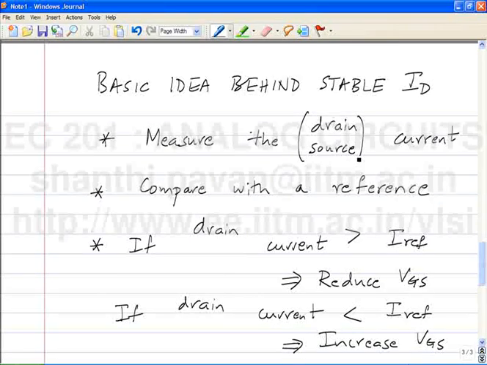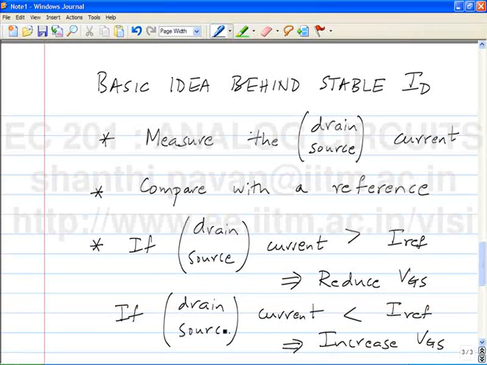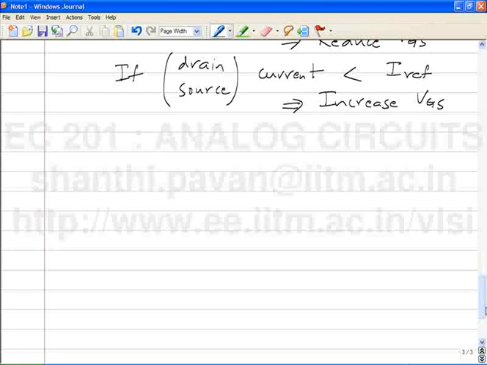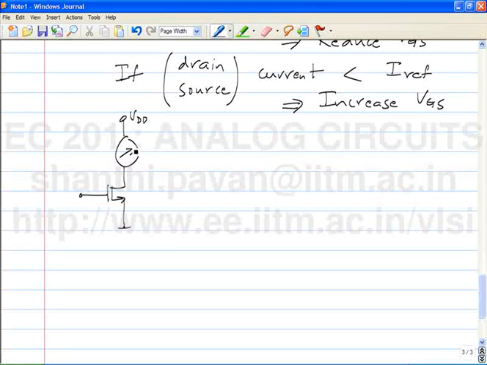Okay. You compare with the reference. If the drain or source current is greater than Iref, you must reduce VGS. On the other hand, if the drain or the source current is less than Iref, then you must increase the VGS. Correct? In other words, okay, so this is the ammeter, VGS, and this is what you are varying.